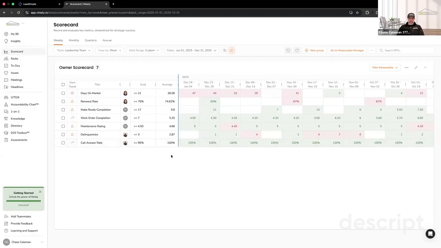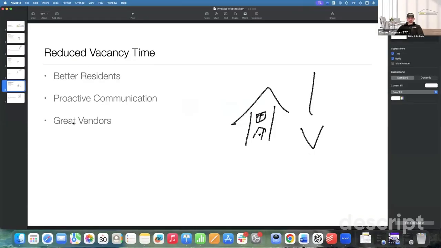Why is that important? Obviously, you're getting rent, you're getting the income, but when good tenants do end up vacating the property, they leave the property in good condition, which ties into great vendors coming into play here, and then obviously good residents.